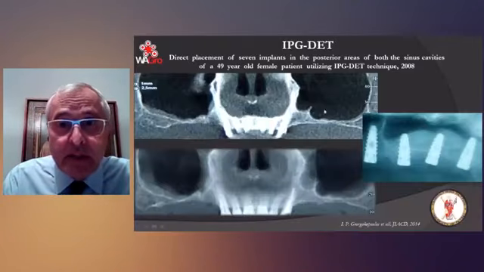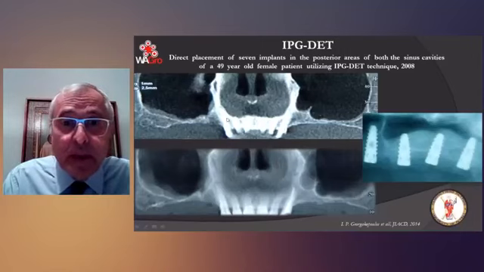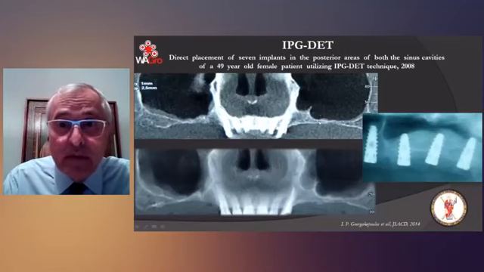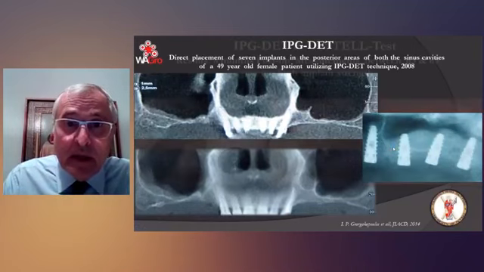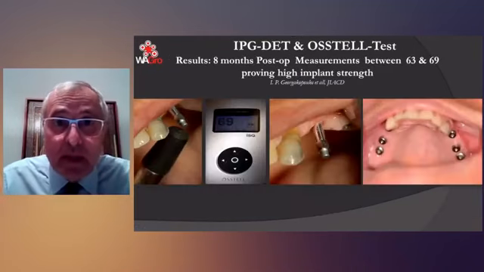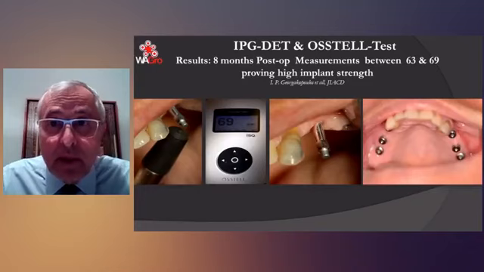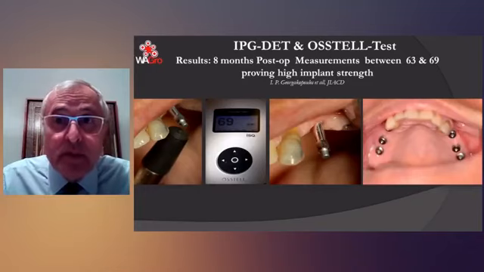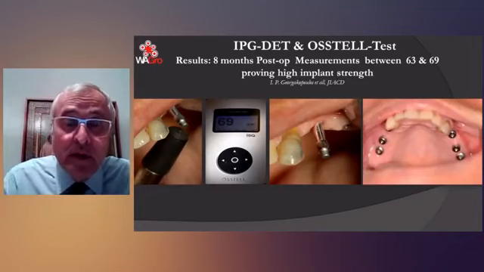This is another case, an old case also, where we placed 7 implants. You see here the bone, and you can see here the material around the implants at that time. But we also did an 8 months post-op Osstell test, and the measurements were good.